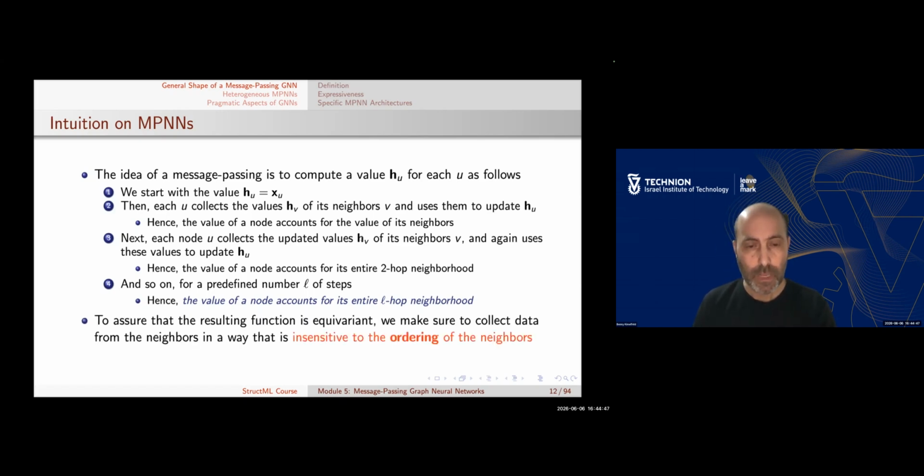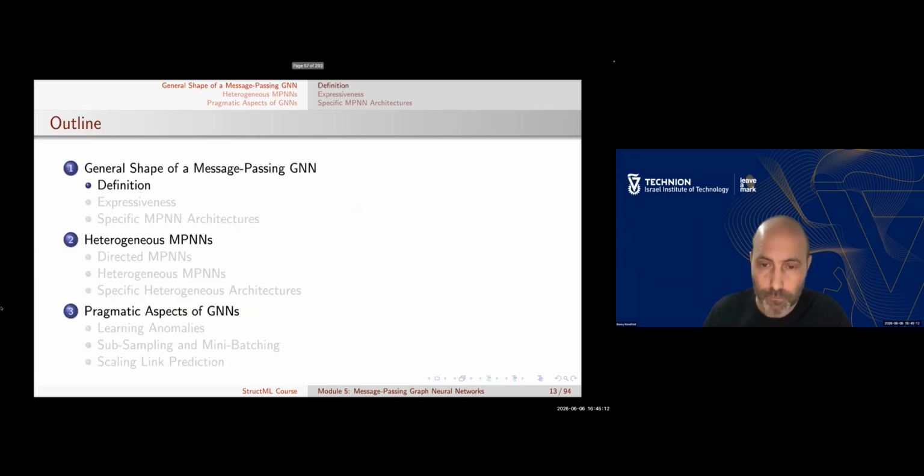Now we need to make sure that the resulting function is equivariant. In particular, it's not sensitive to the ordering of the neighbors. So we're going to define this updating function in a way that collects data from the neighbors in a way that is insensitive to the ordering of the neighbors.